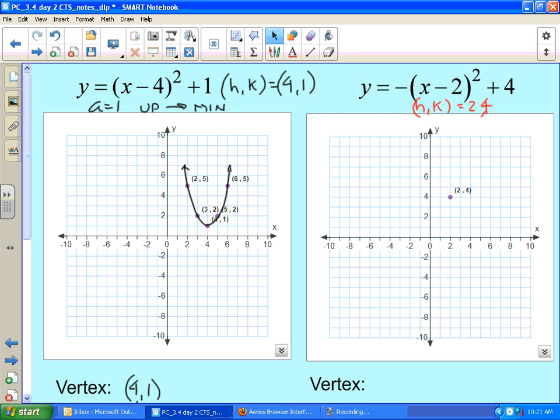Is the graph opening up or down? There's that negative, right? There it is, camping out in front of my parenthesis. So this negative right there tells me that I have a maximum vertex value, which means my graph is opening down. Do I have any stretching or shrinking going on vertically? No. So let's talk real quick about how the critical movements work now that I've got this negative down front.